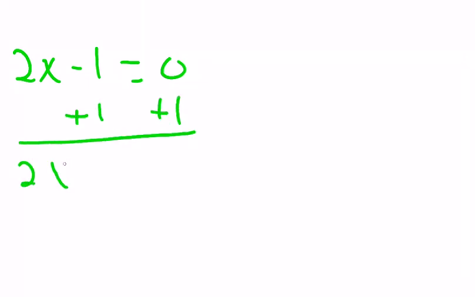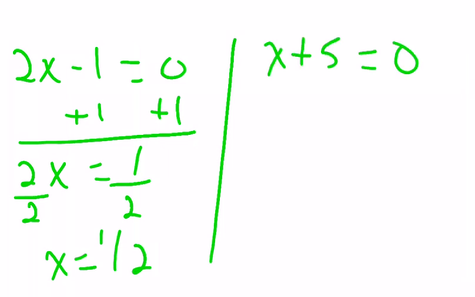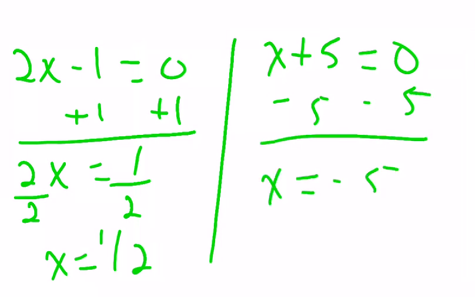Last but not least, the other 2, we had 2x minus 1 equals 0. So we add 1 to both sides. We get 2x equals 1. Divide by 2, so x equals 1/2. The other one was x plus 5 equals 0. Subtract 5 from both sides, we get x equals -5. So all of those answers are our roots.